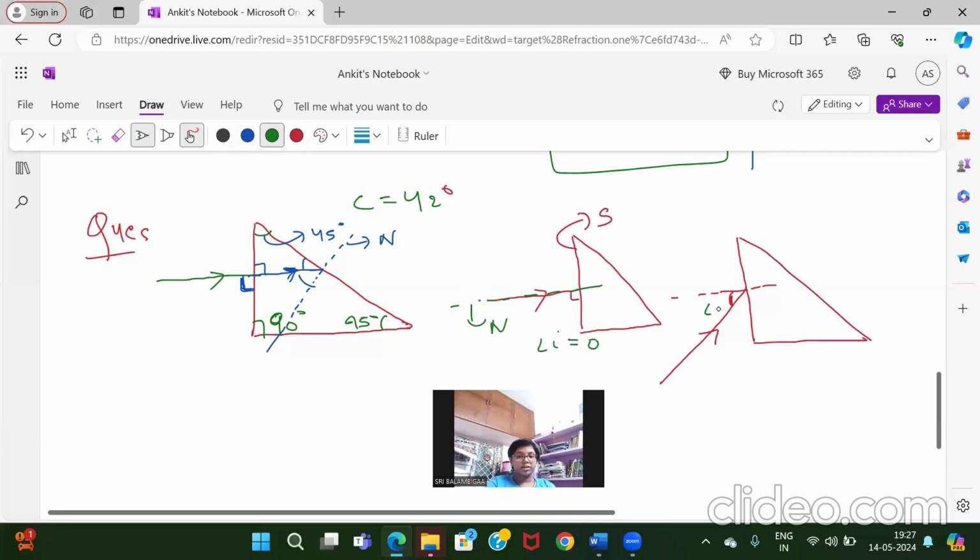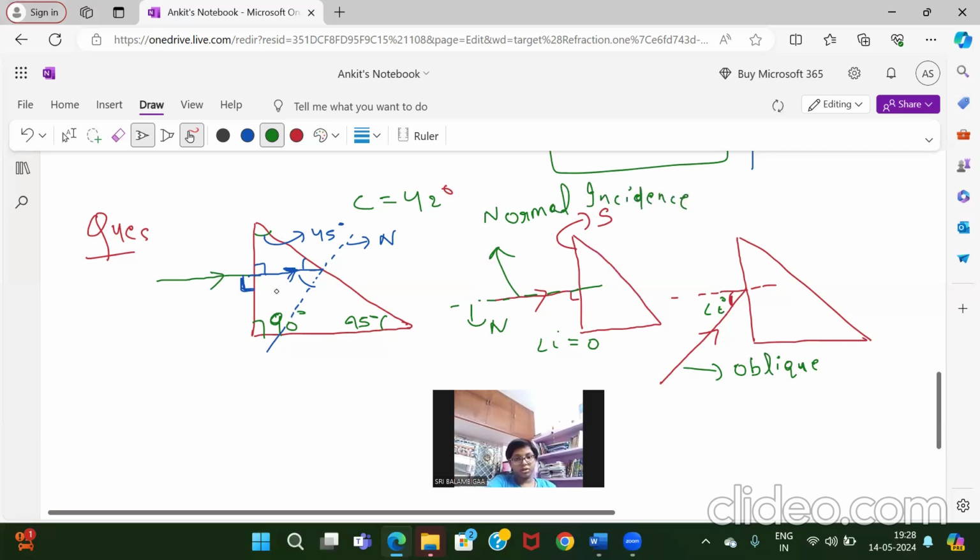Here the angle of incidence is not 90 degree. This is oblique incidence. Here this is normal incidence. Understood?